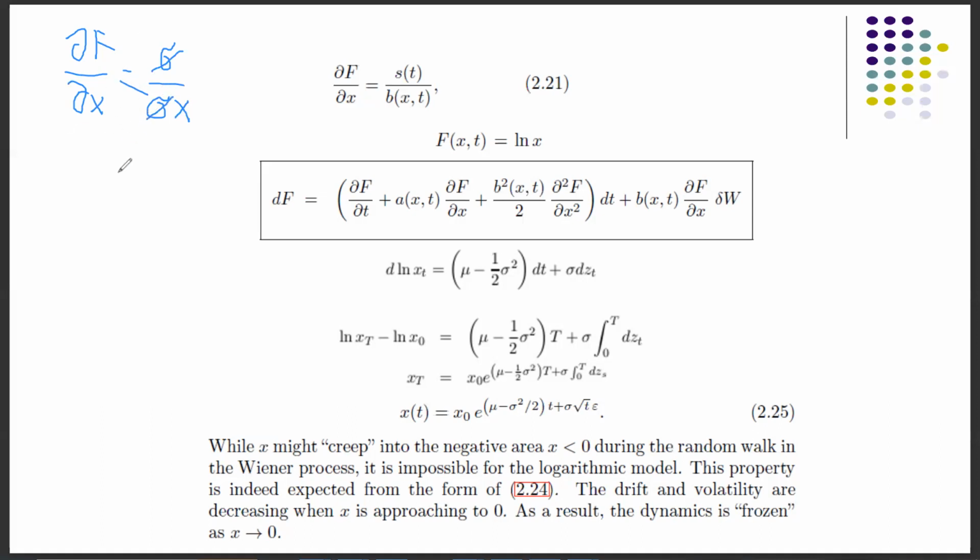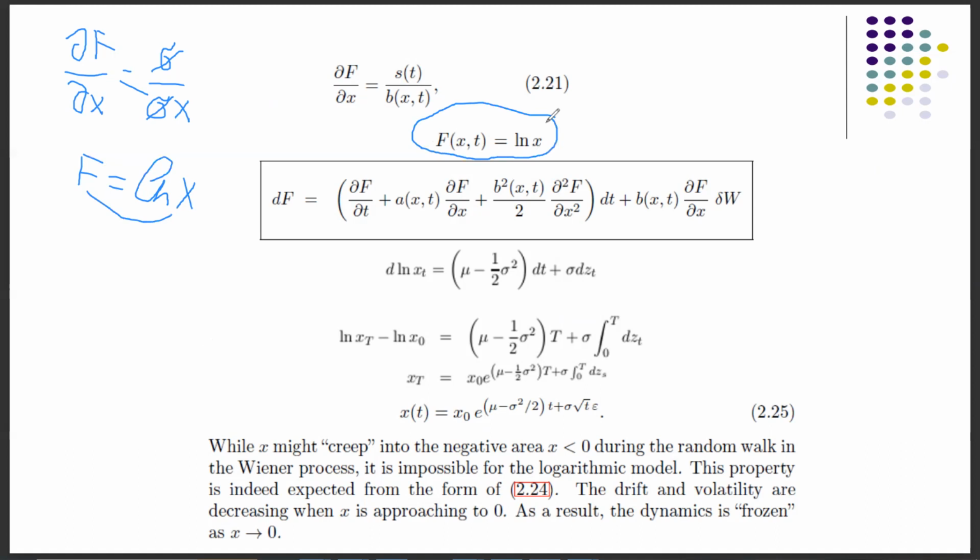We need to solve this. What is this function f whose derivative equals 1 divided by x? It is ln x. Yes, you're right, absolutely. So f is ln x, and we found this function.